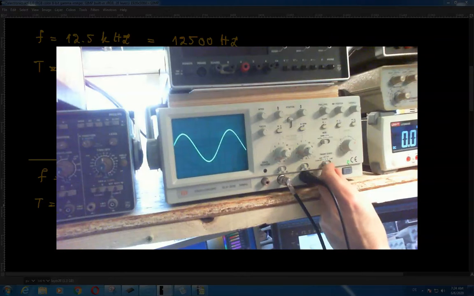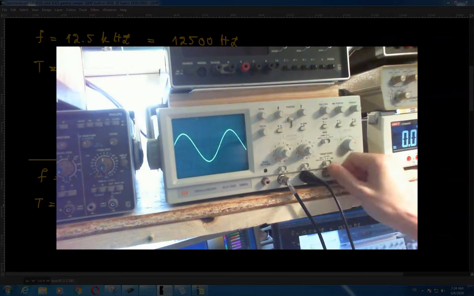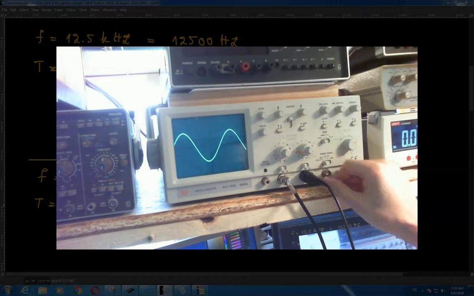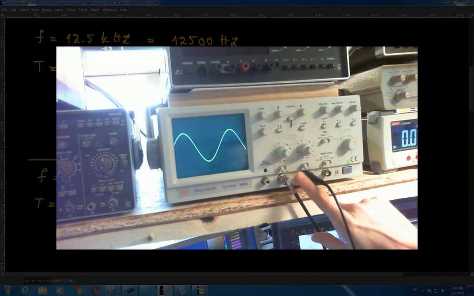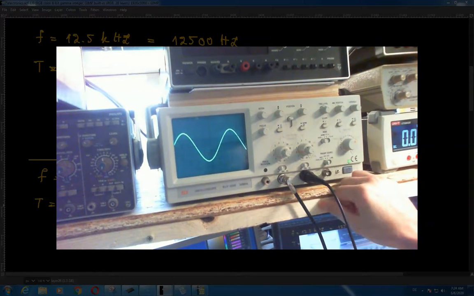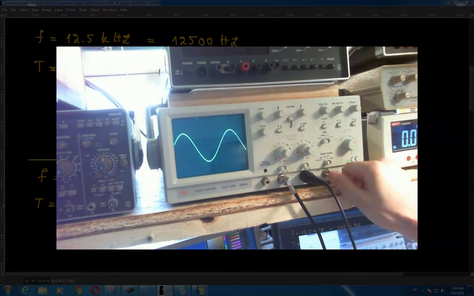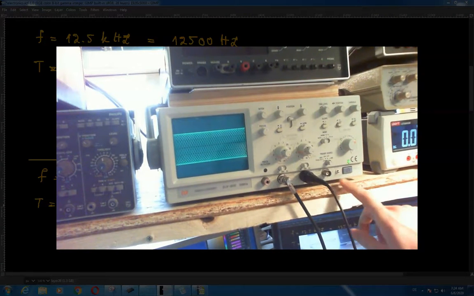So you usually set this to vertical dual alt, and that means that basically you're triggering either on channel 1 or channel 2, whichever one is present. This way you're triggering on channel 1, for example. This way you're triggering on the external trigger.